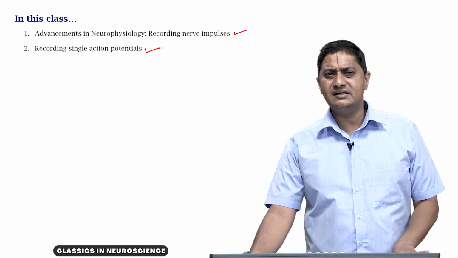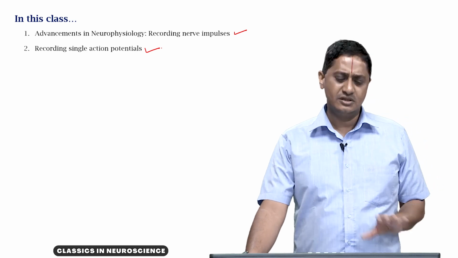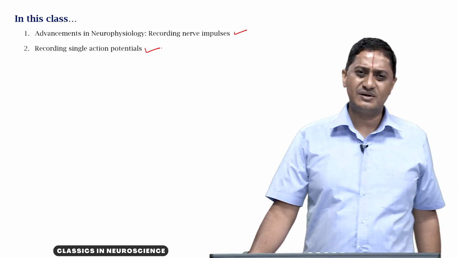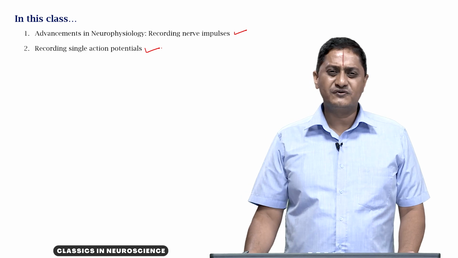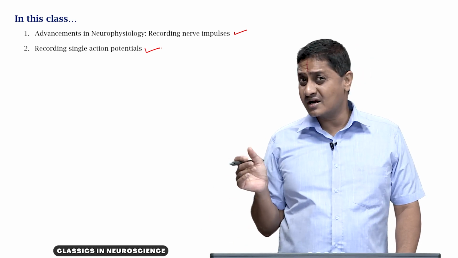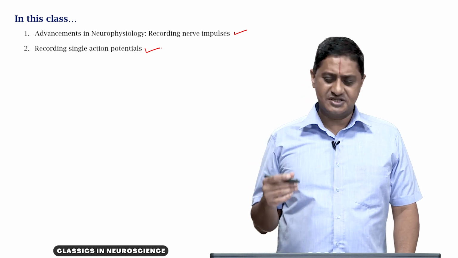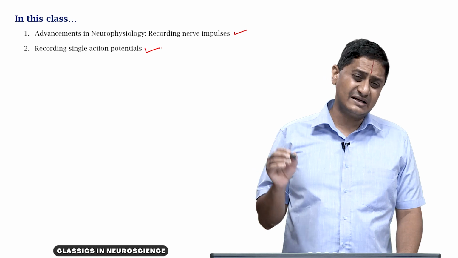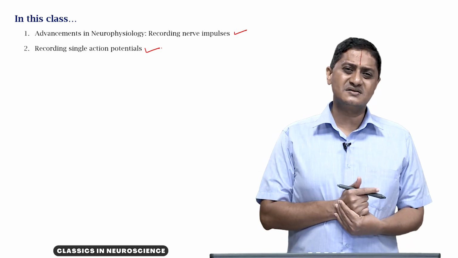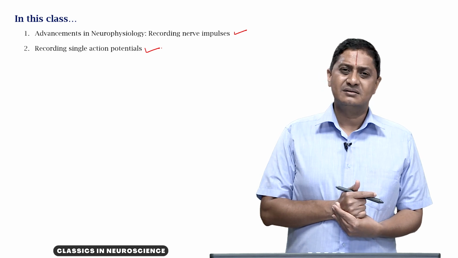In the 19th century, even in the late 19th century, sensitive equipment to measure action potentials was not available. It was found that if we stimulate a muscle nerve, that is a neuron attached to a muscle, electrically, the muscle twitches. So, electrical stimulation of the neuron causes a mechanical action in the muscle.